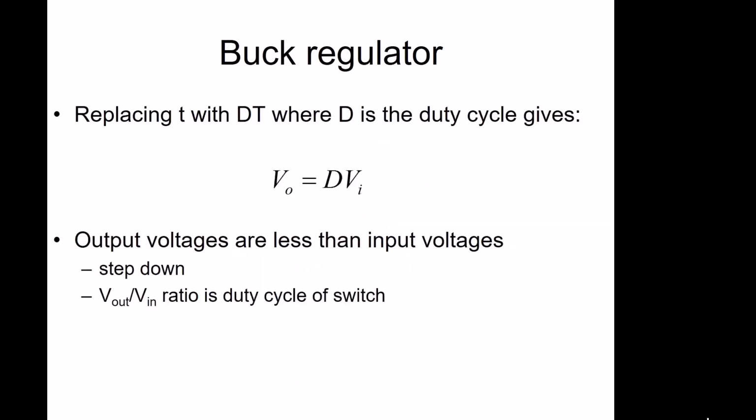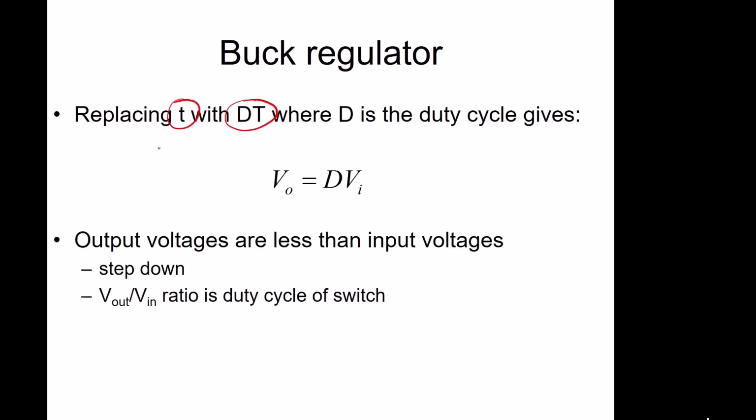And what we can do is replace our variable t, which is the time the switch was closed for, with a value of d, so it's dT, where T is the time that it takes the switch to close and then open, so it's the time for one cycle, and d is the duty cycle, a fraction of the time in that cycle that the switch was closed.